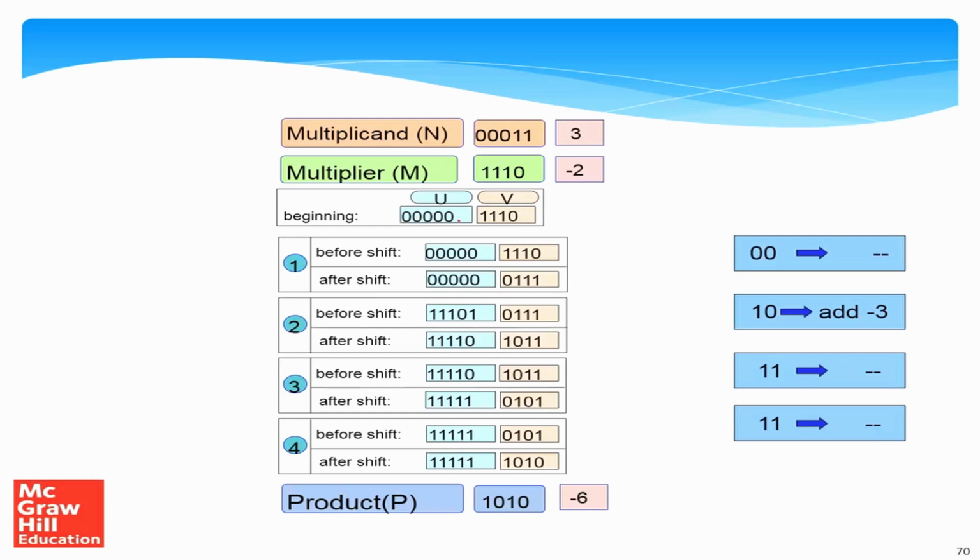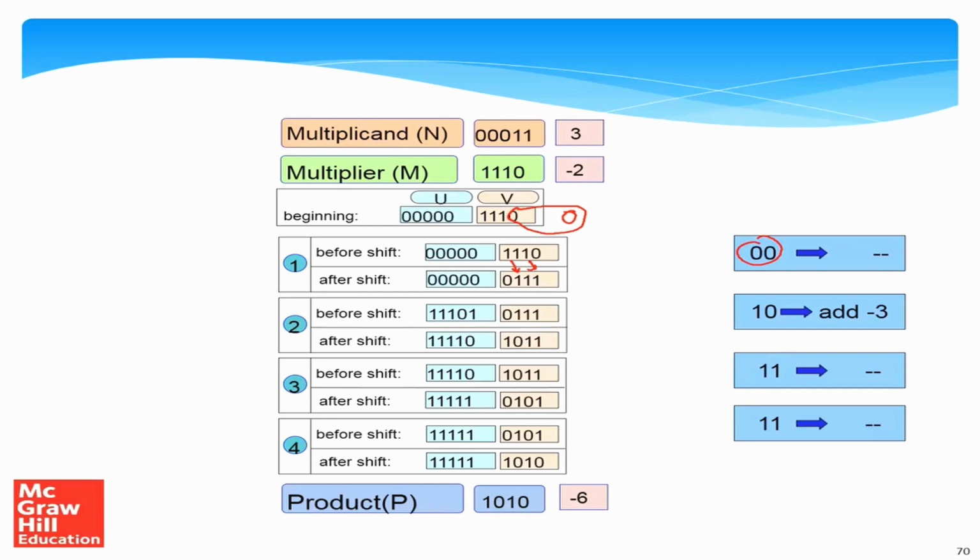We load all zeros into U, and before the shift we have U as 0000 and V as 1110. The reason being that the previous bit and current bit pair is 0, 0. So since it is 0, 0, we don't do anything at all. So we just do a right shift. So all the numbers here get shifted to the right by 1 position.